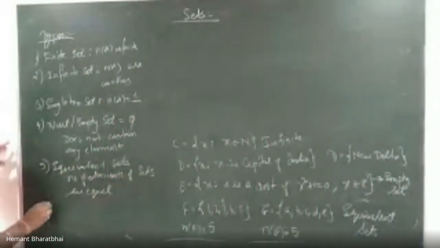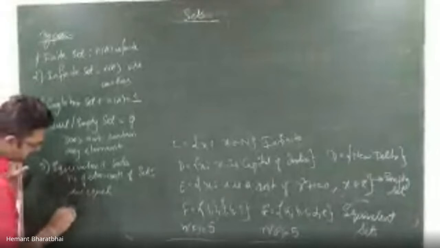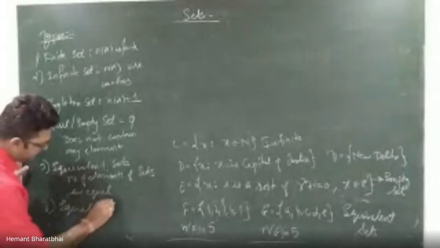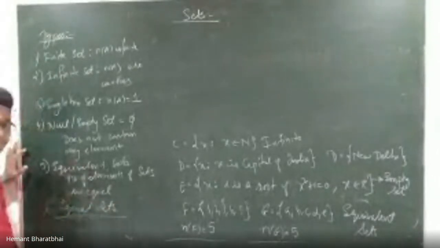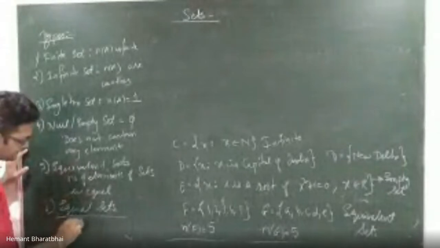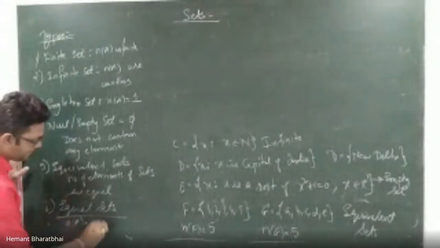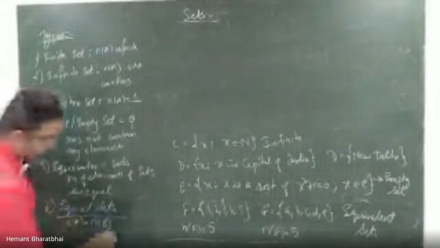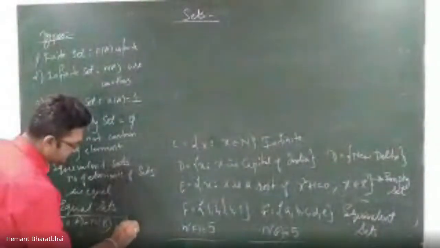Now, when can we say that two sets are equal? If the number of elements are same, at the same time elements are also same.